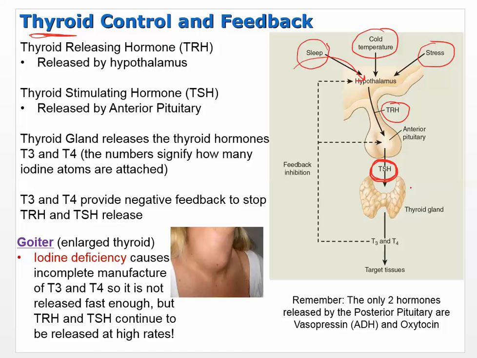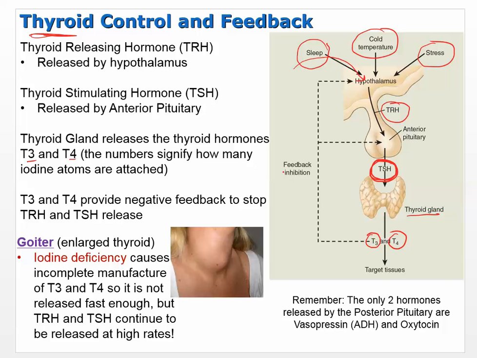The thyroid sits down in the lower part of your neck, and then the thyroid gland will respond by producing the thyroid hormones. The thyroid hormones are called T3 and T4. Now, the 3 and the 4 represent how many iodine atoms are attached.